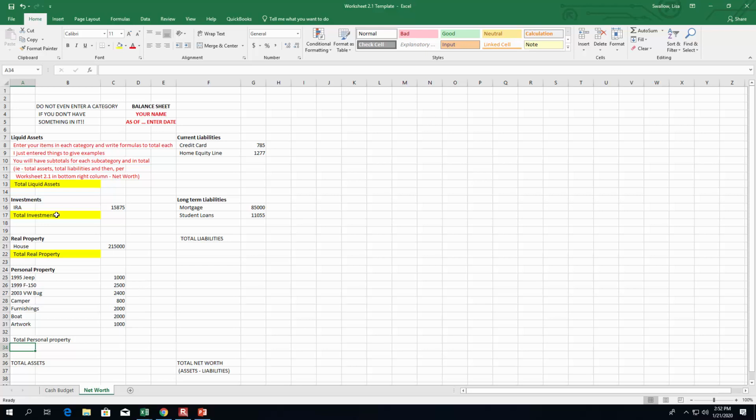So book value or replacement value? The next question is, I bought my camper for $3,000 and now it's worth $800. Is that book value or fair market value? Fair market value. That defies everything you've learned in accounting.